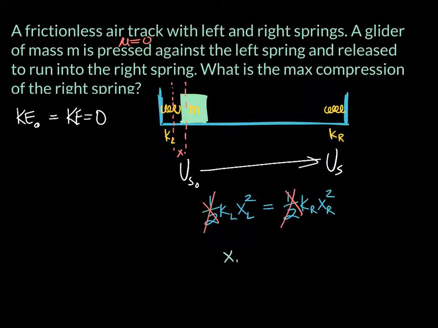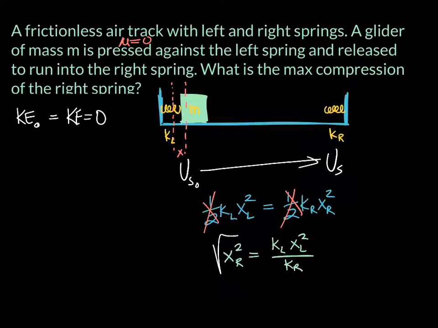That means my XR is going to be equal to KL XL squared over KR, and when I take the square root of all of that, I need to be careful, I had it squared there.